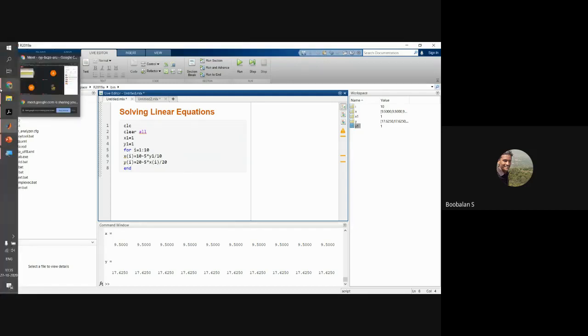So, small thing. 10x plus 5y1 equal to 10, 20y plus 5x is equal to 20. So multiplying the first equation by 2 gives 20x plus 10y is equal to 20.